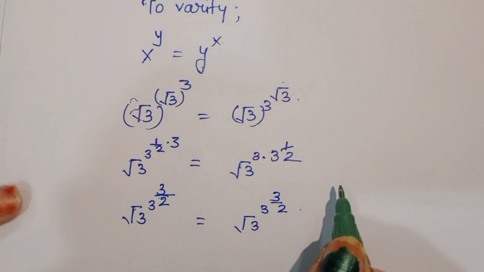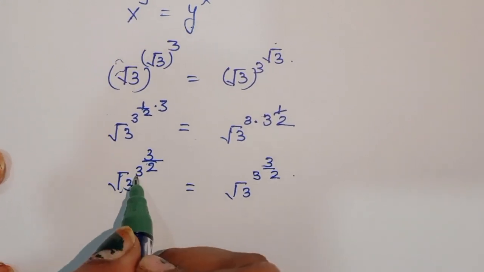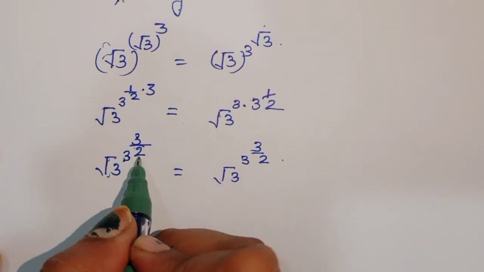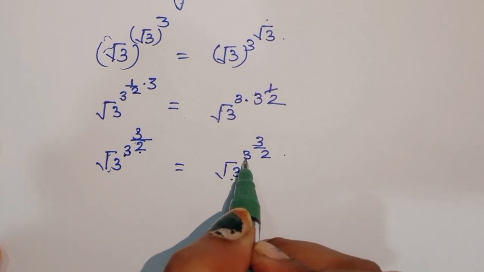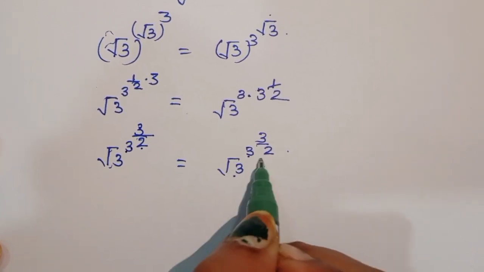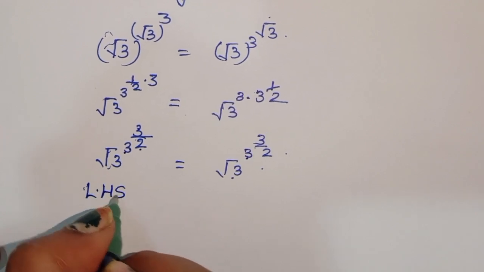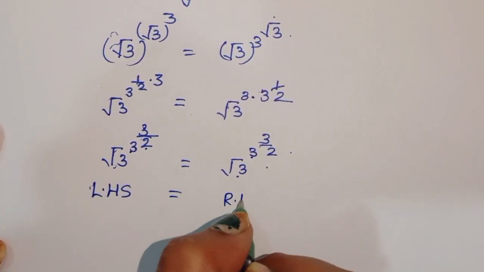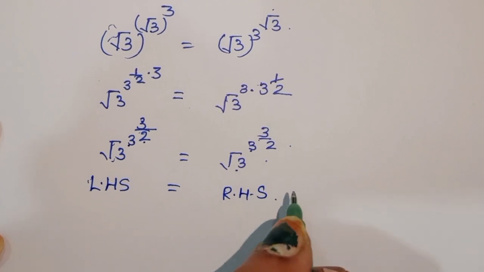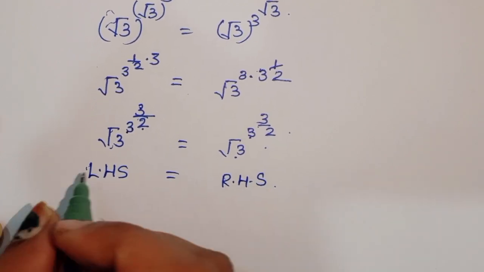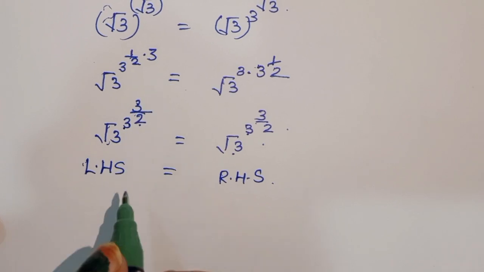So you can see both sides are the same, square root of 3 raised to 3 times 3 by 2. So both sides are the same. LHS is equal to RHS. In this way, the values of x and y are correct.